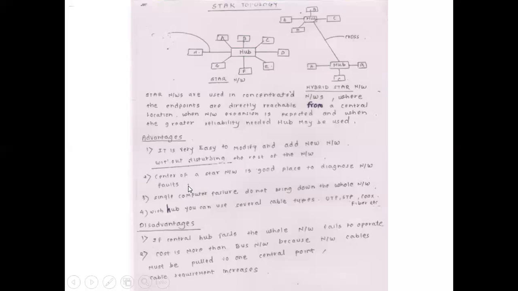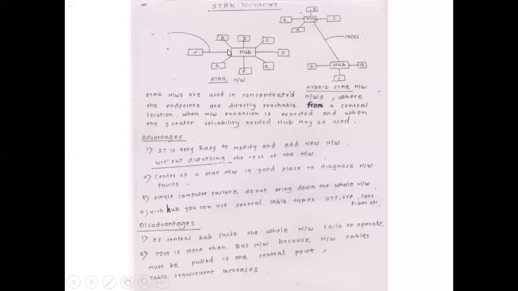Number two, the center of the star is a good place to diagnose network faults. If something happens, you just check whether the switch is on or off, or you can disconnect and reconnect all these wires immediately at this centralized hub. So if any problem occurs, you have to check this hub.